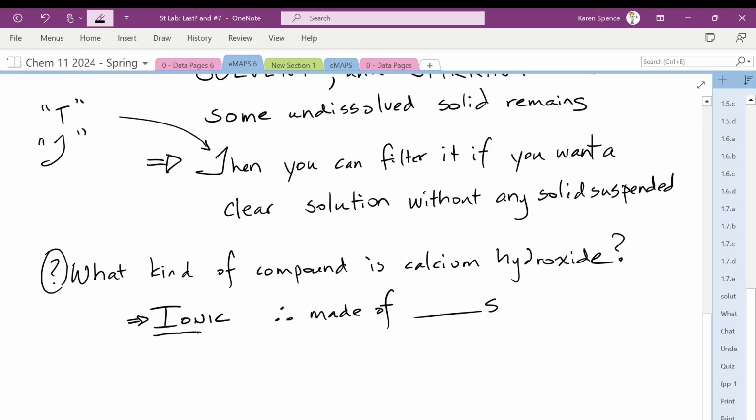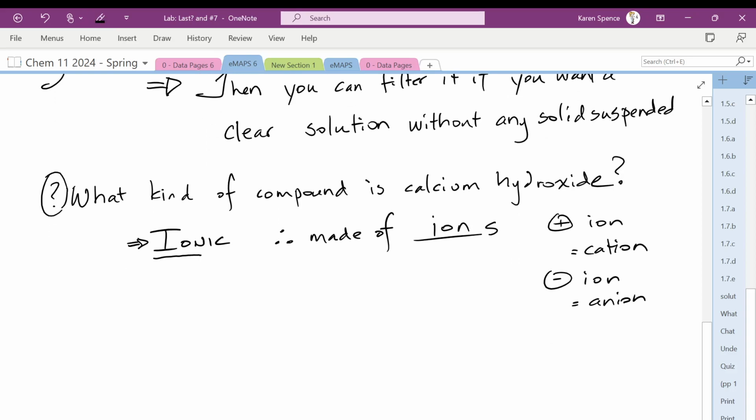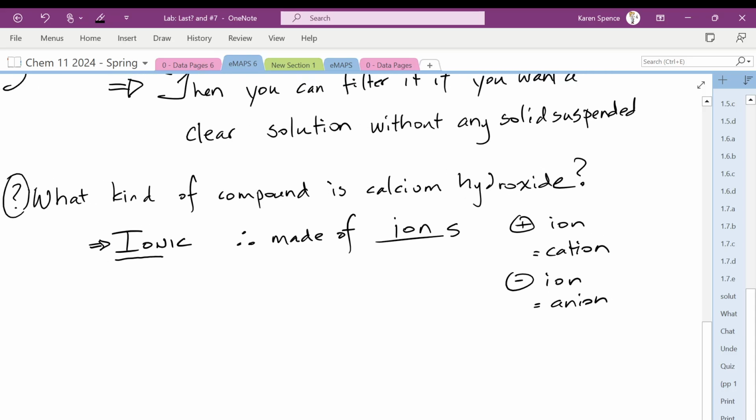Ionic compounds are made of ions. What do we call the positive ion? Cation. And what do we call the negative ion? The anion. And who is the cation in calcium hydroxide? Calcium. Calcium, Ca2+.